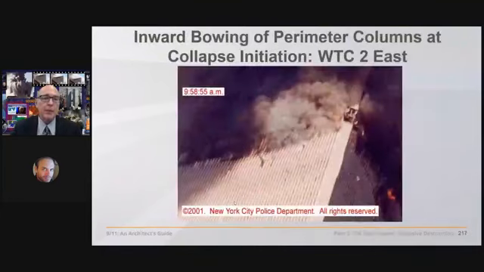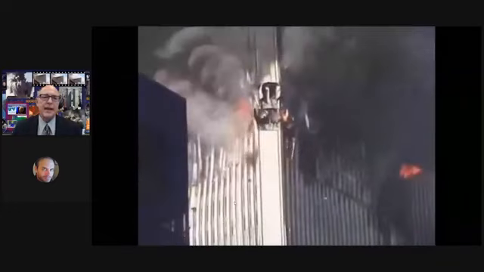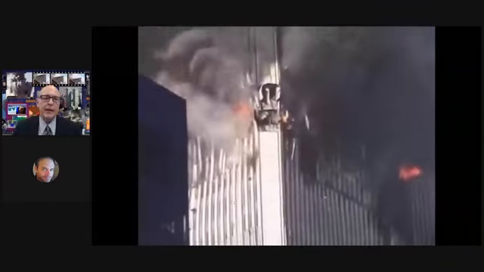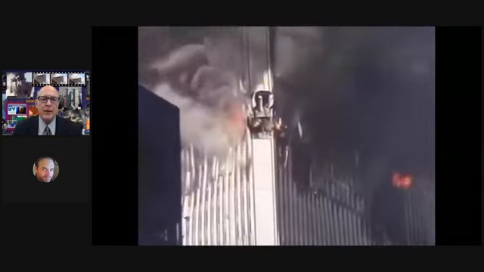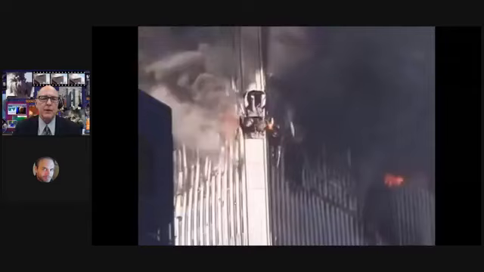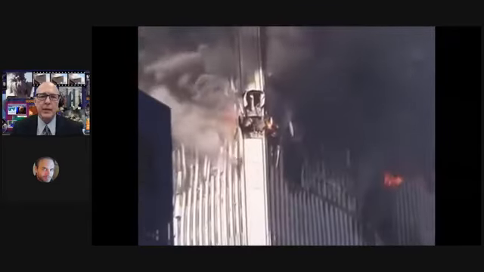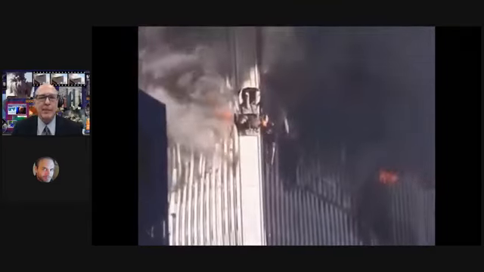Well, the columns are pulling in. You can see that in this looped video in the corner here. They're all pulling in at once, at least on each side of this corner. The question is, what's pulling them in?